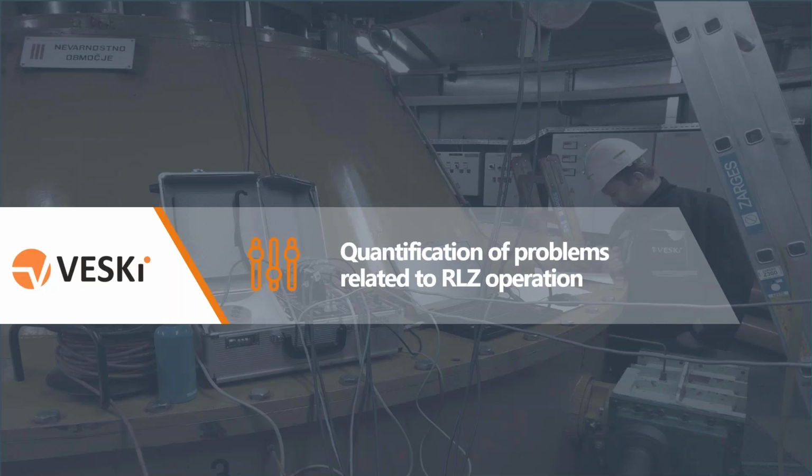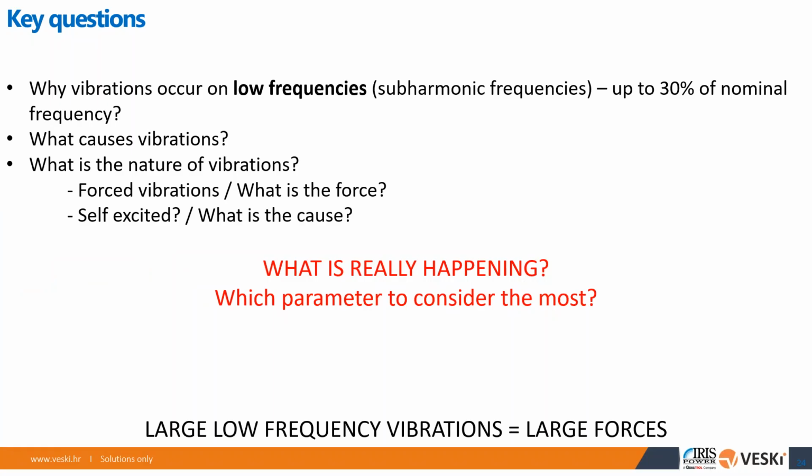And now we come to this quantification of problems. So actually, what does it mean? So again, we come to these questions. What is really happening? Which parameters should we consider the most, and how to fully understand what's really happening in a rough load zone? So I'll be talking about how you can monitor and what factors and numbers to use in an adaptive platform, but what really does happen, because not every machine is the same and it will not always react the same.